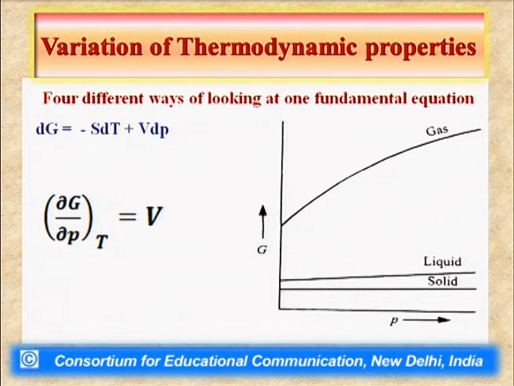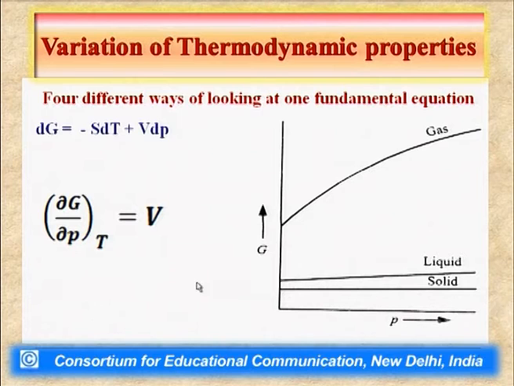So, what does it mean? Here we are looking at how Gibbs free energy changes with pressure. It means that the Gibbs free energy of a substance in a condensed phase system almost remains the same with pressure; it does not change much unless the pressure becomes very high.